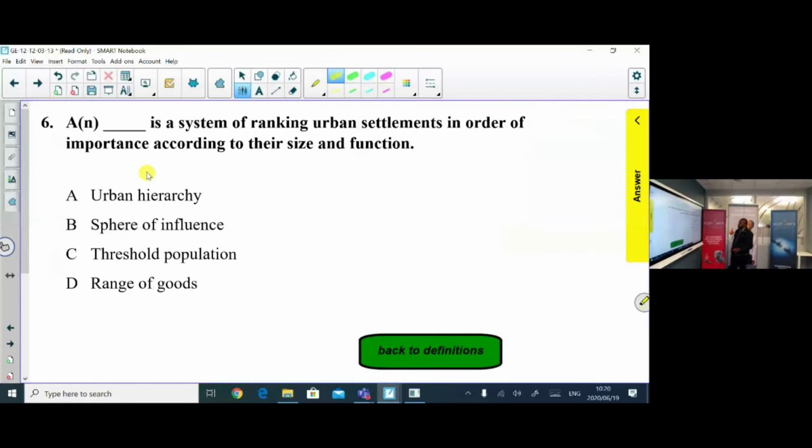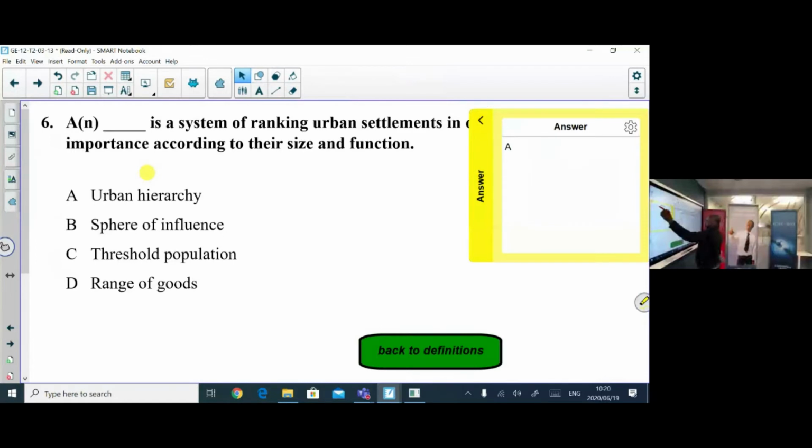There is urban hierarchy, there is sphere of influence, there is threshold population, there is range of goods. We look at the definitions of the other three, and the last three cannot be the answer. So our answer is obviously A, which is urban hierarchy.